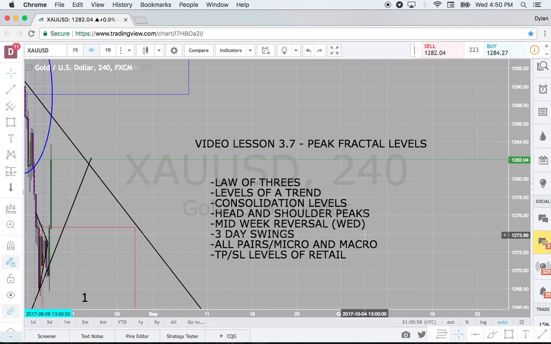The market will trend in one direction, uptrend for 3 days or downtrend for 3 days. And then at the third day, which is usually Wednesday, there will be a midweek reversal induced by news. So this news-induced reversal will happen after the third day.